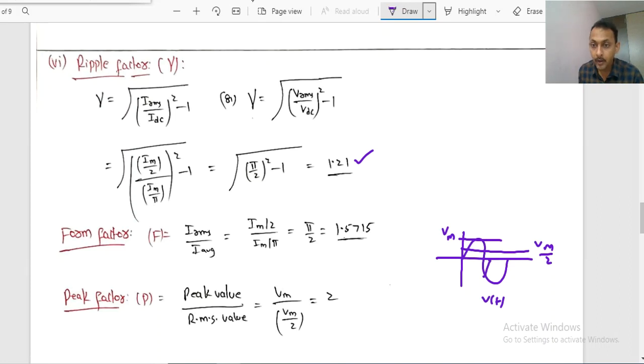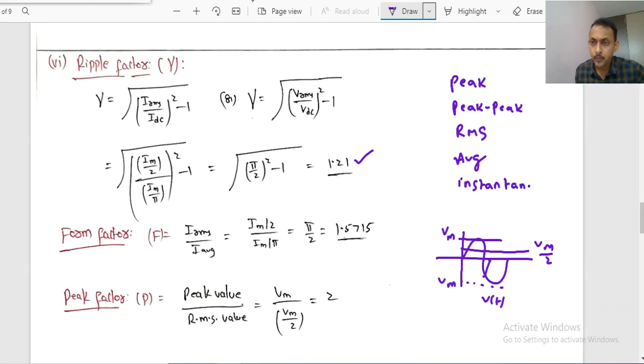And Vm to Vm, this is called the peak to peak value. So we have the peak value, peak to peak value, RMS value, average value, and instantaneous value for the same waveform, and each word has its own meaning.